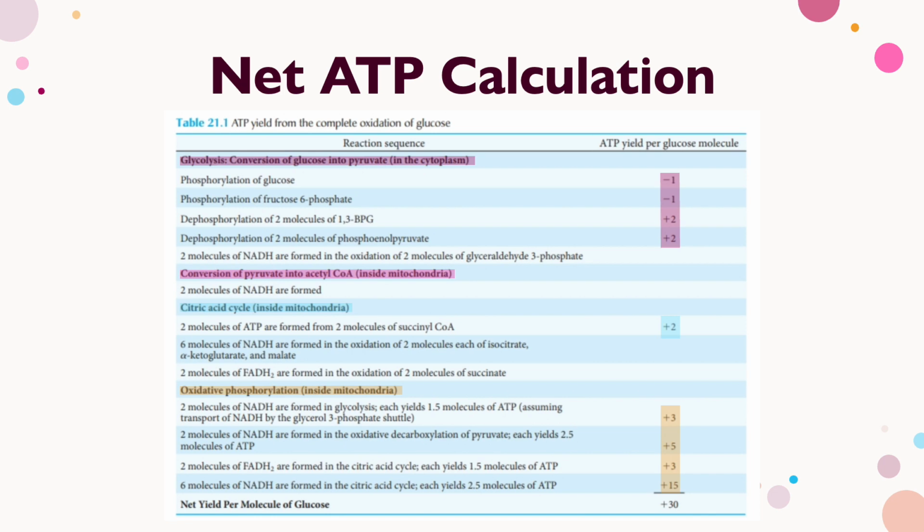So we have all of the ATP generated, or I would say consumed, by glycolysis, then the conversion of pyruvate, so it's accounting for that NADH, but they're not added to the total until down here. And then the citric acid cycle, the 2 molecules that were produced there, and then this is what we just covered in the last step. So when we total all of these, we have 30.